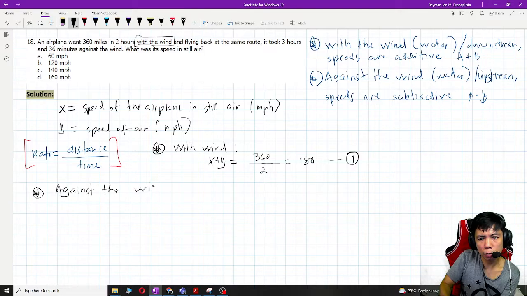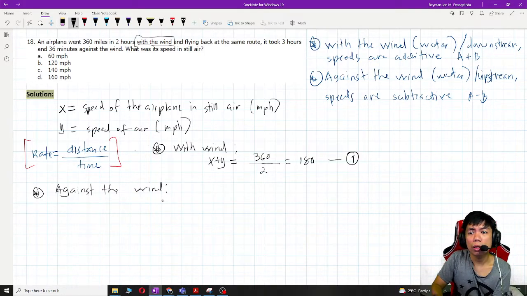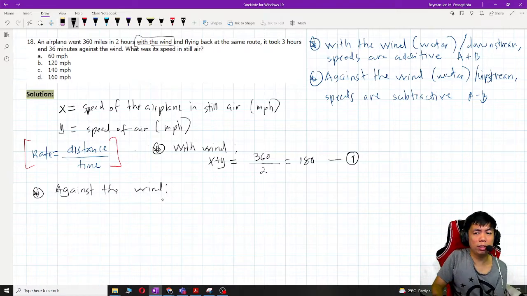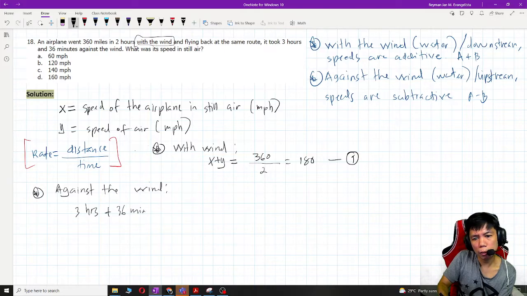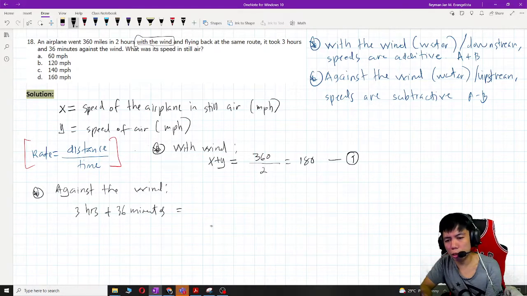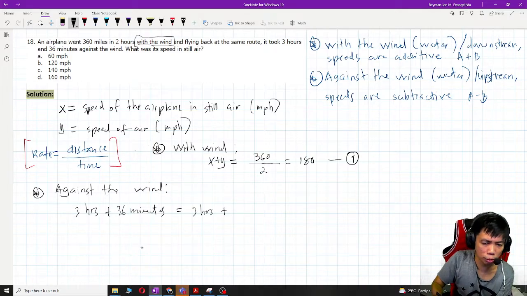Same route, so same distance. Ang time natin is 3 hours plus 36 minutes. Gawin natin siyang naka-hours lahat. So 3 hours, plus convert mo yung 36 minutes into hour.